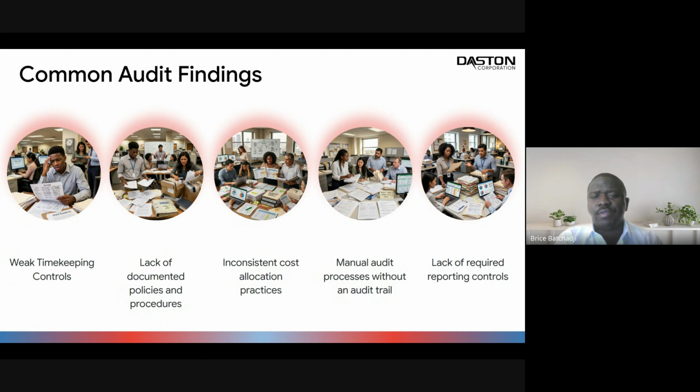Most people are under the impression that an accounting system audit is just about the system's design, but there's an expectation that there should be policies and procedures that document your various processes around the system. And then we'll talk about inconsistent cost allocation practices that are generally seen during these audits. And then the last two being overall manual processes without clear audit trails, and the lack of required reporting controls.